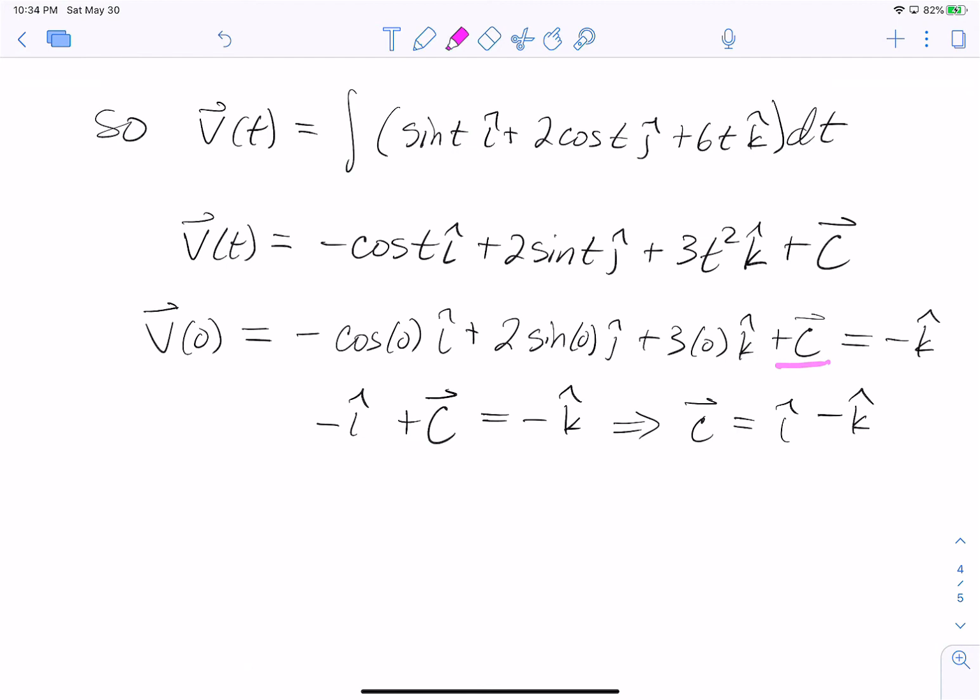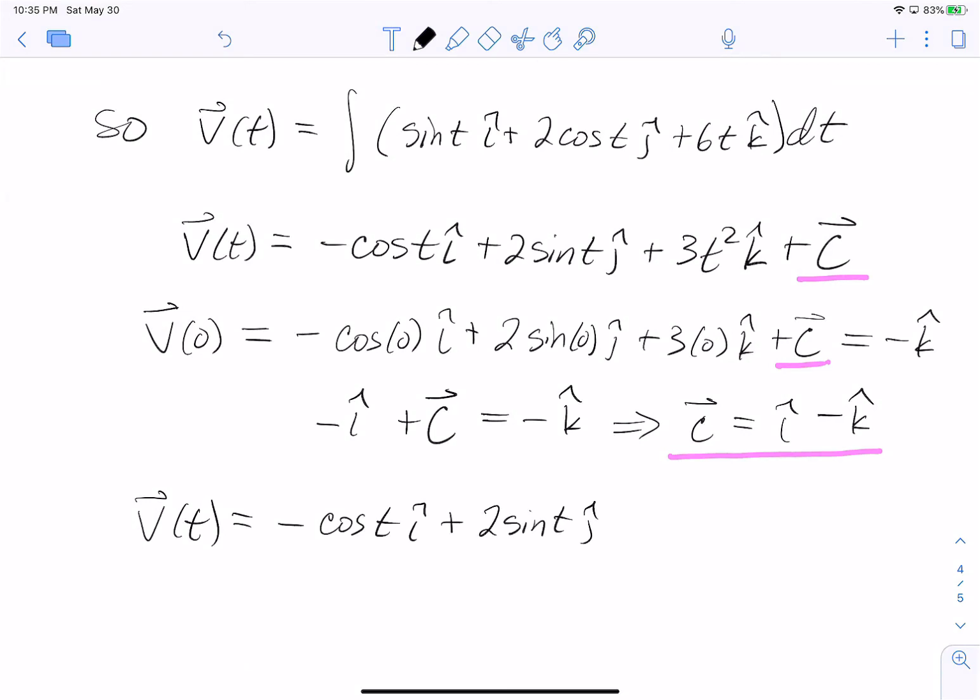Now I'm going to take that vector c, which is i - k, and put it in place of c that first time that we picked up the constant of integration. So v(t) is equal to -cos(t)i + 2sin(t)j + 3t²k + (i - k).